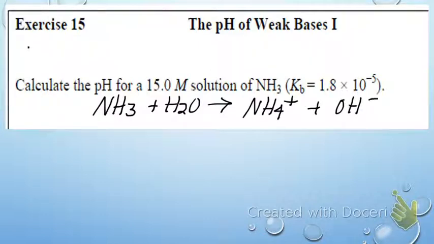hydroxide minus. Okay? 15 molar, that is really strong, so we will definitely be able to neglect X because that's not going to make a difference when we get our dissociation.